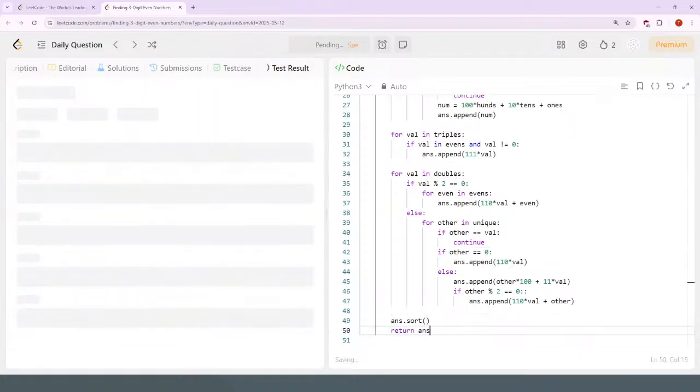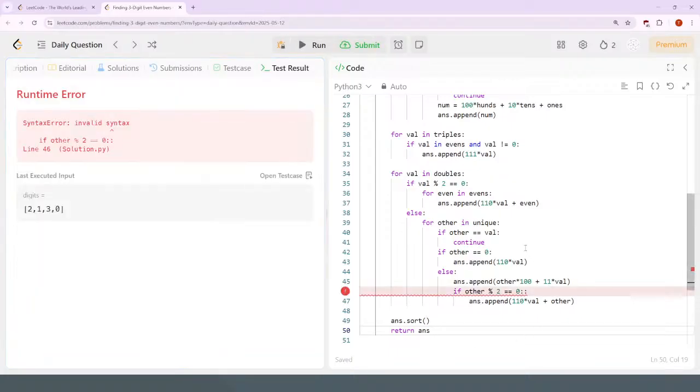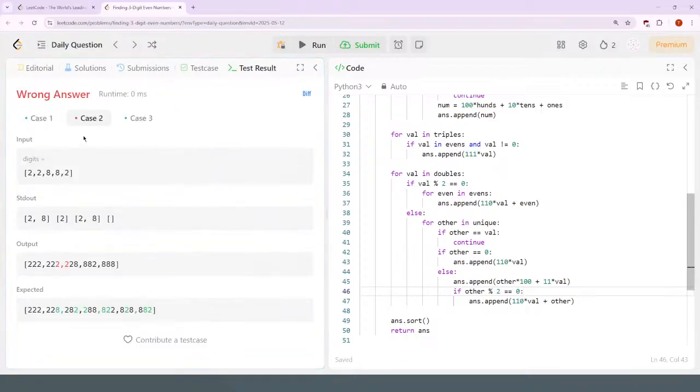Alright, this was really other values even. Shucks. So it's missing 228. So it should be this thing.